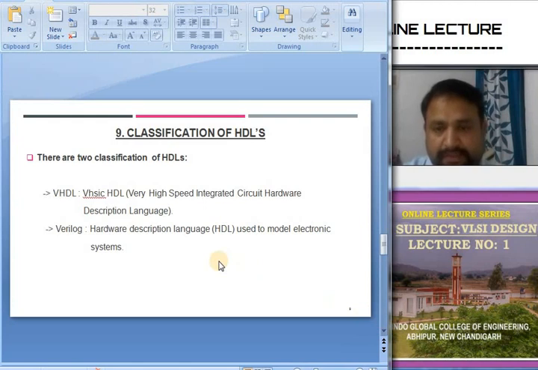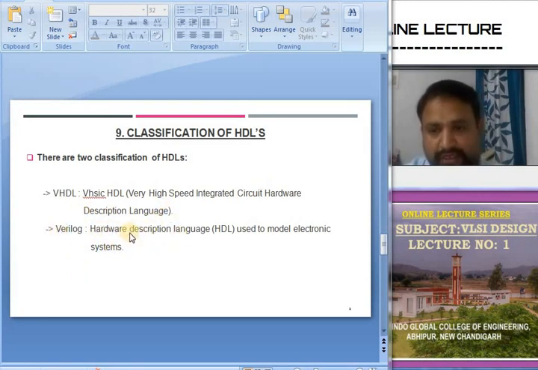As you see, there are basically two categorizations of hardware description languages. These are VHDL, which stands for Very High Speed Integrated Circuit Hardware Description Language.